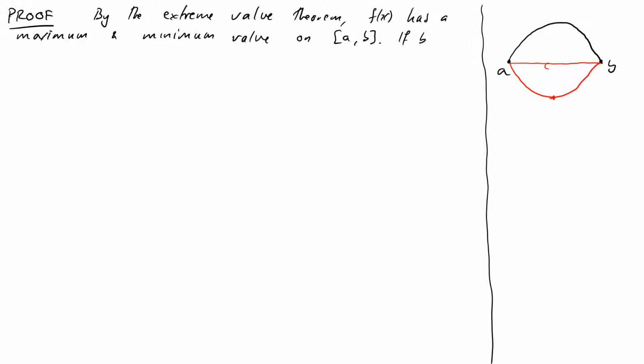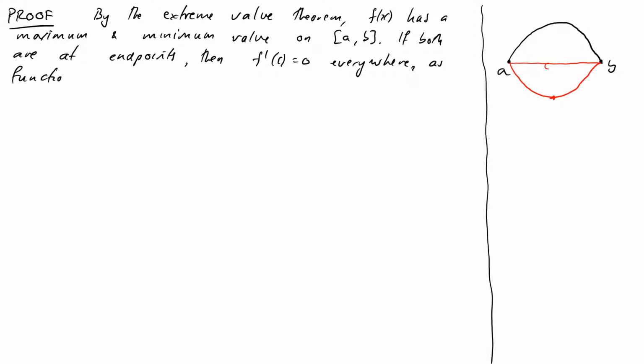If both are at endpoints, then f prime of c equals 0 everywhere, as the function is constant. So we can do away with that weird case first, where we just have a constant function.